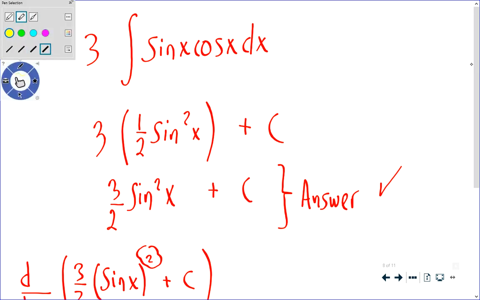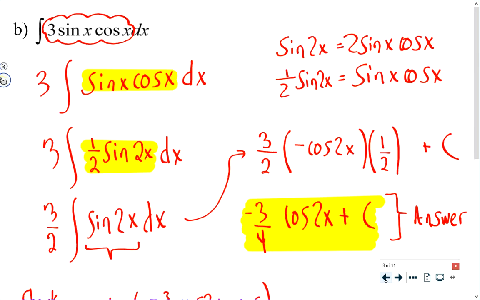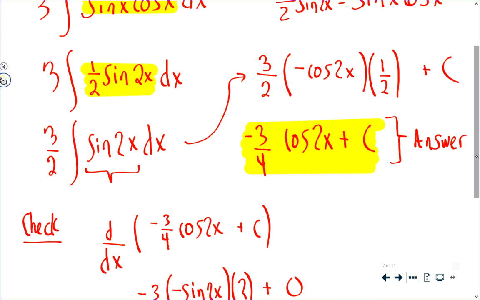Which is a very strange thing, because the answer we got before, I believe, was -3/4 cos of 2x, and I guess I'd better include plus c. And if you take a look at 3/2 sine squared of x and you compare it to -3/4 cos of 2x, they are not equal. They are different.